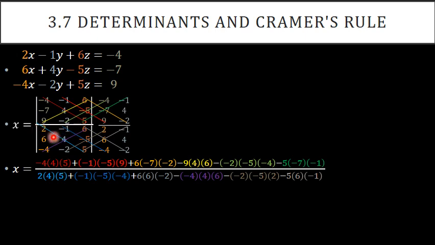The bottom determinant would be 2 times 4 times 5, negative 1, negative 5, negative 4, plus 6 times negative 2. Then we're going up, so it's minus negative 4 times 4 times 6, minus negative 2 times negative 5 times 2, minus 5 times 6 times negative 1.